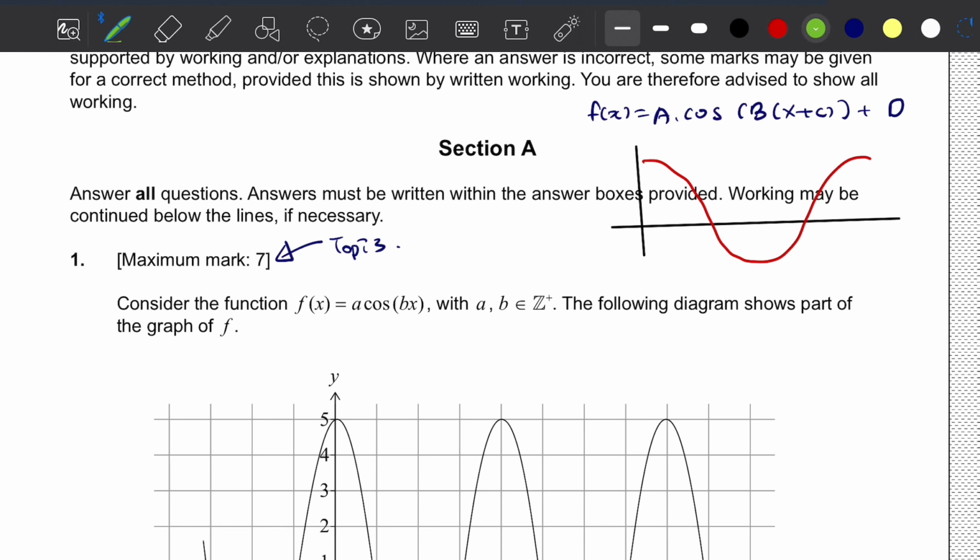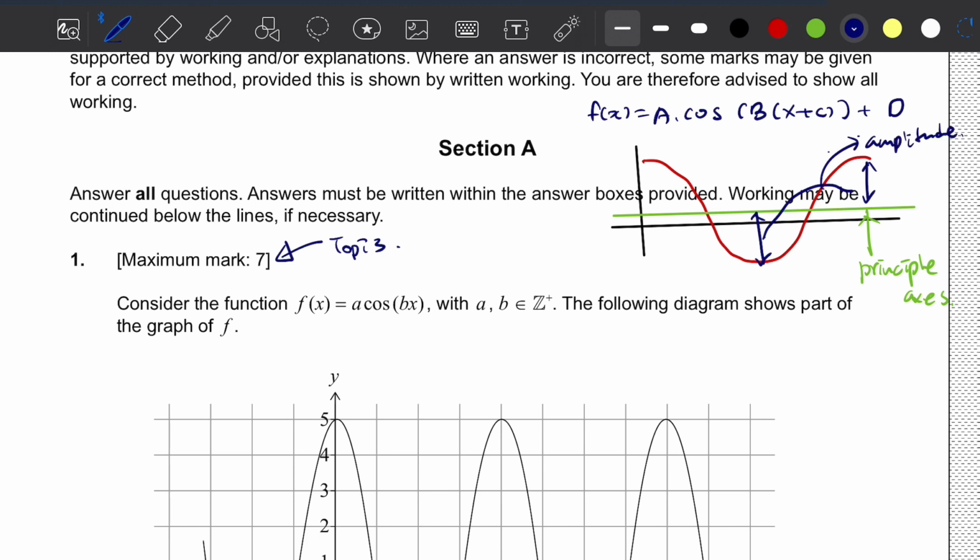The line that goes through the center of this graph is called the principal axis, and the length between the principal axis and its minimum point, or the length between the principal axis and its maximum point, is called amplitude.